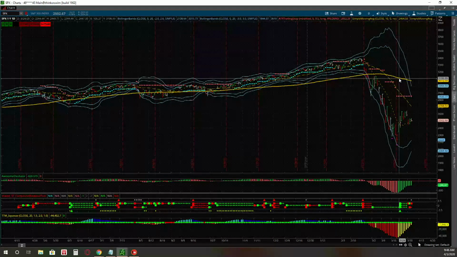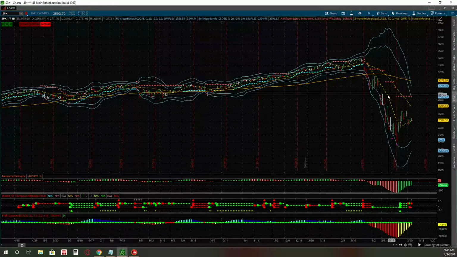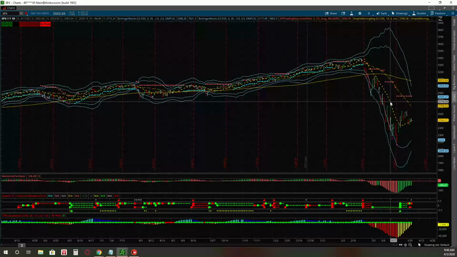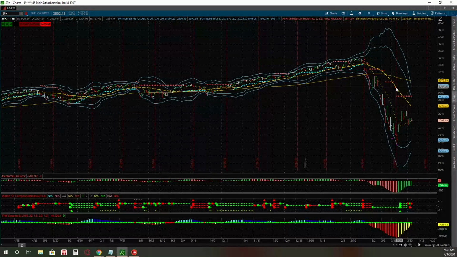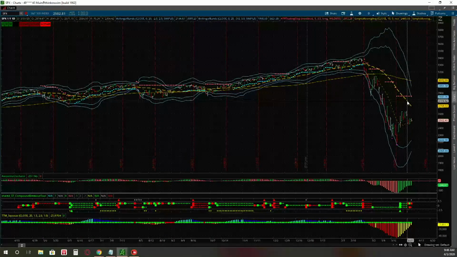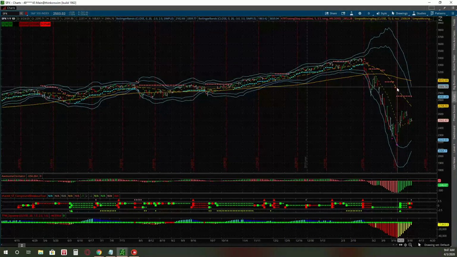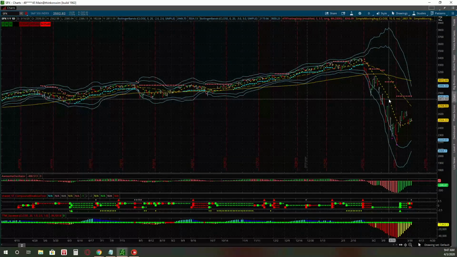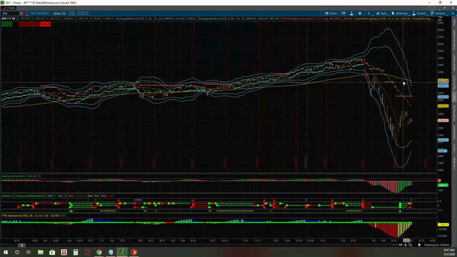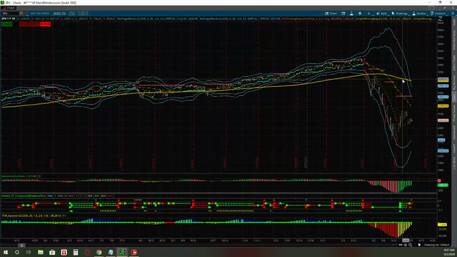But one of the first indicators I had on my chart along with the Bollinger Bands were these simple moving averages. I also added the 100 period simple moving average because that, to me, can be a great trend support and resistance level. On my charts, all of my simple moving averages are this goldish yellow color, which tells you they're all simple moving averages.